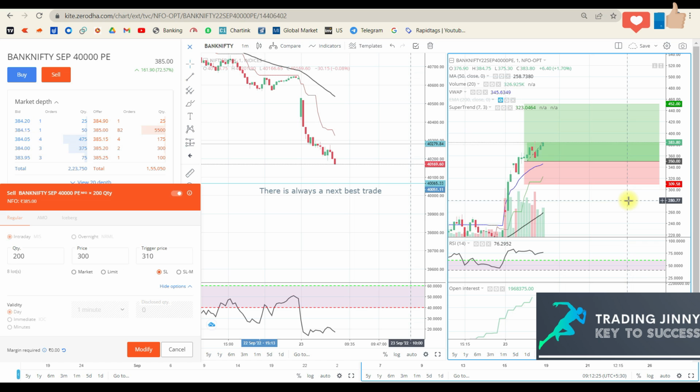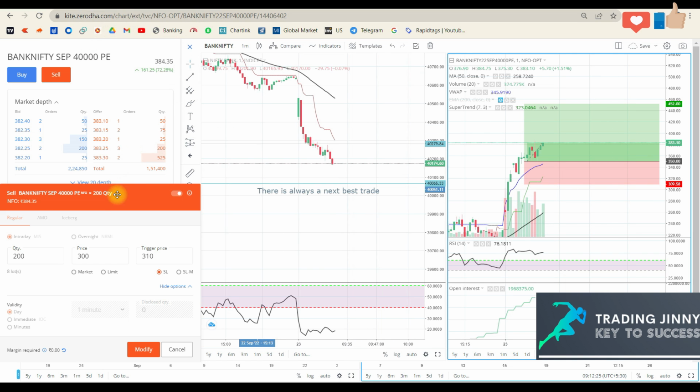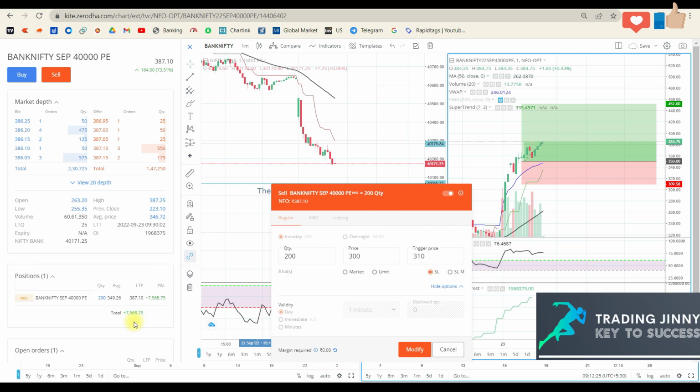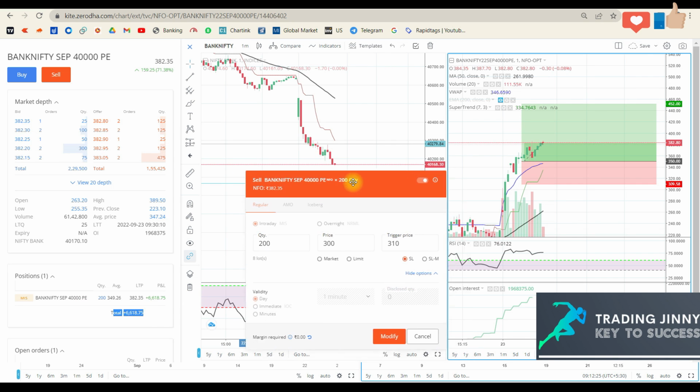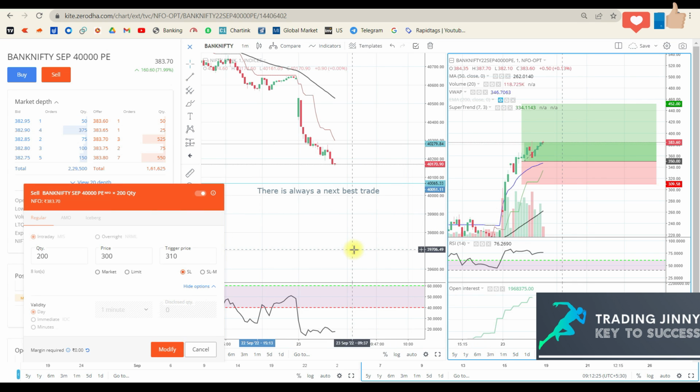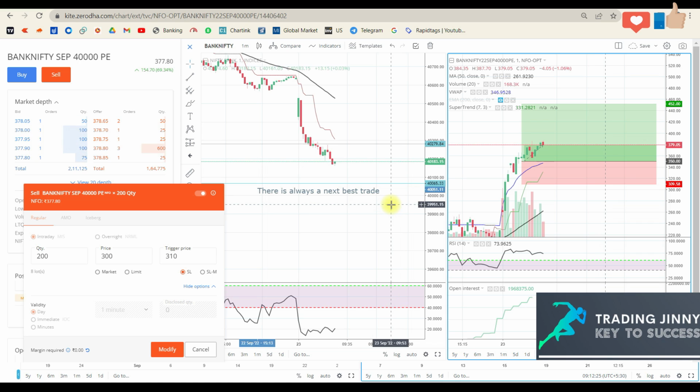This is panning out to be good. So far, if I see my profits, they have reached approximately 7,000. So let's just avoid this for now. I'm expecting at least 100 points for Bank Nifty to go down.